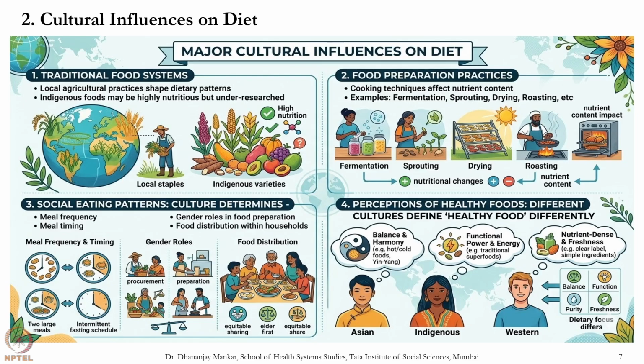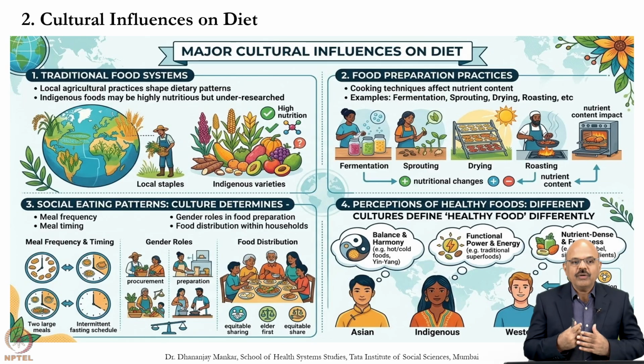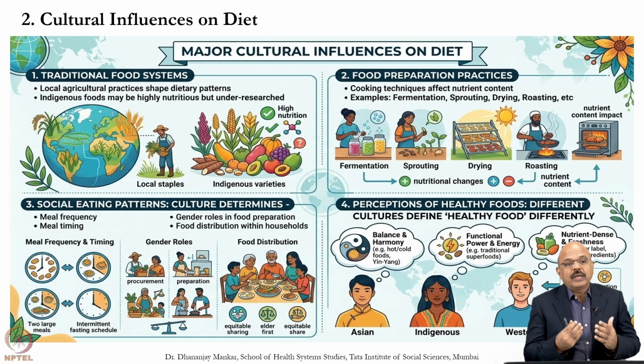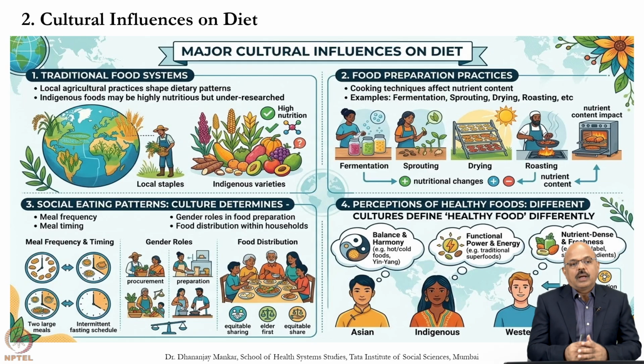Now, we will focus more on the major cultural influences on diet. The traditional food system, which we find in India particularly, or in larger countries where it is more dominant with agriculture practices, and where local agricultural practice shifts are changing diet patterns, is where we have to pay importance.